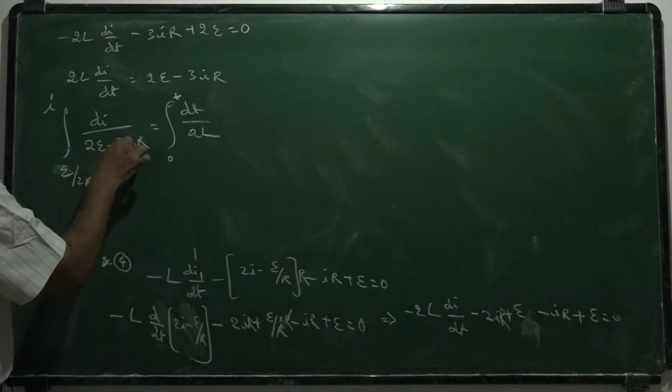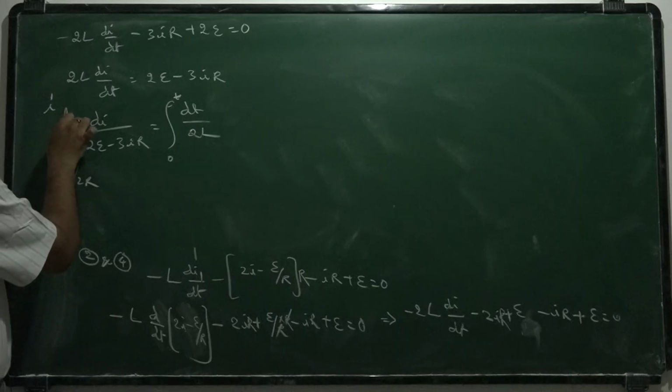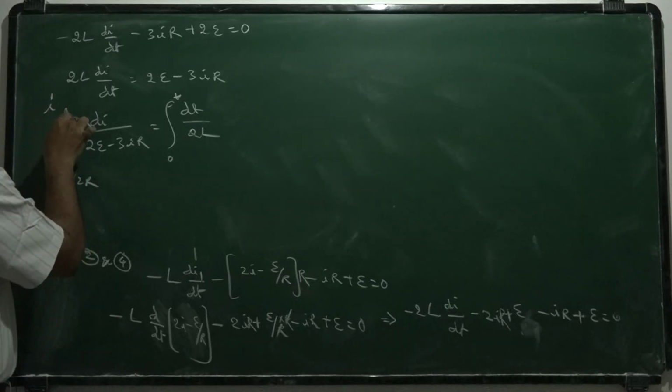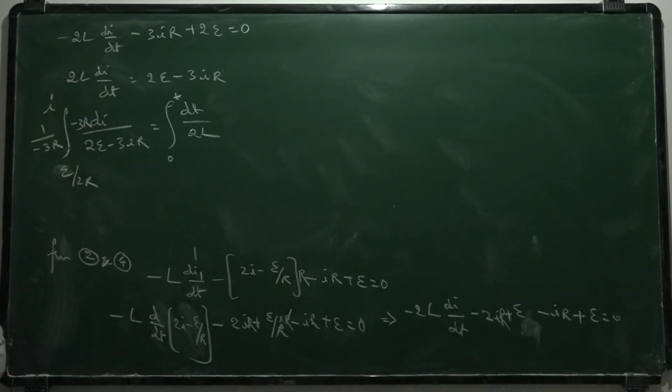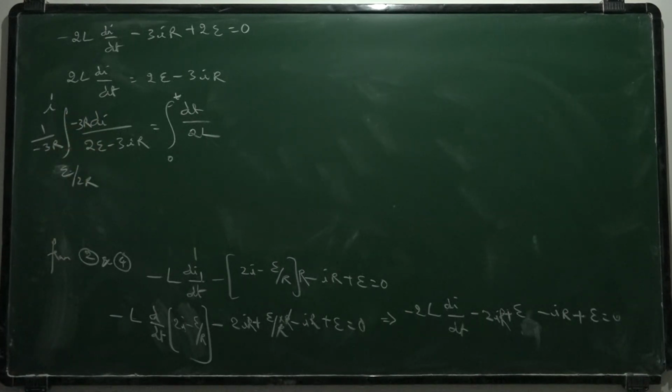For minus 3RI, the derivative is minus 3R dI. So I should multiply with this and divide with this. Then it is in the form of the integral of f dash x by f of x. You can easily solve it.